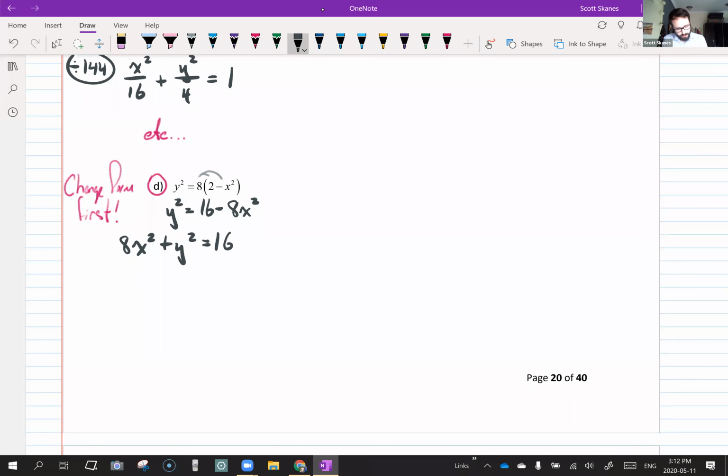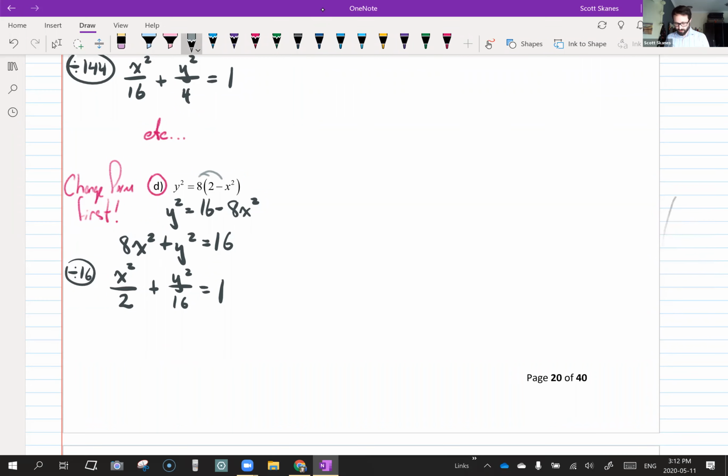It's looking pretty good. That's not quite right because I need to have a 1 on the right. So I need to divide this now by 16. 8 divided by 16, a half. 1 divided by 16 is, of course, 1 over 16. And now, ladies and gentlemen, we have an ellipse that will look more like this.